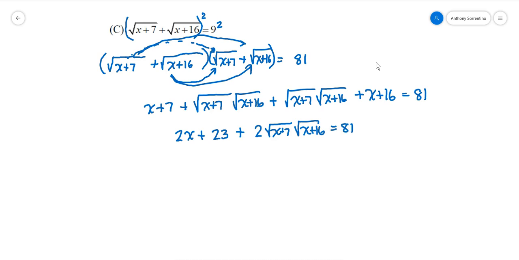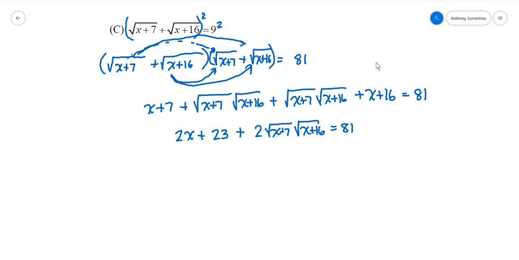So the issue, compared to the other two times when I squared both sides of the equation, that was enough for me to get rid of the radicals. Here, squaring both sides, I still have terms with radicals in them. So I have to account for that. I've got to figure out a way to undo this.